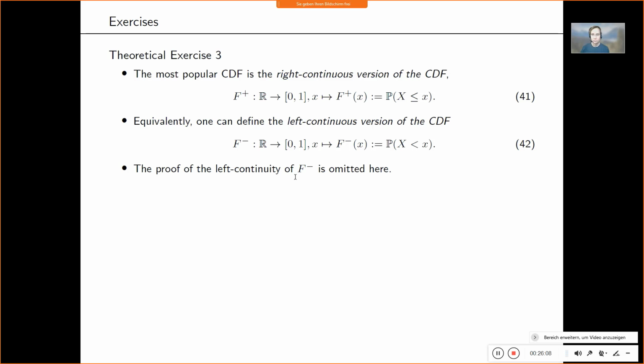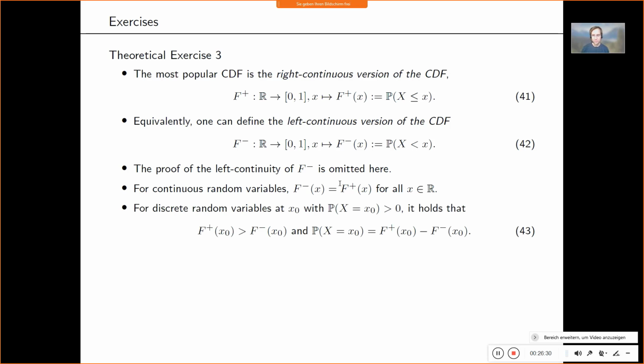I mean, we didn't do the right continuous properly, so why fiddle with that? For what I'm mostly interested in, namely continuous random variables in parametric statistics, because they're continuous, it doesn't matter anyway, because they are the same for all x in the real numbers.